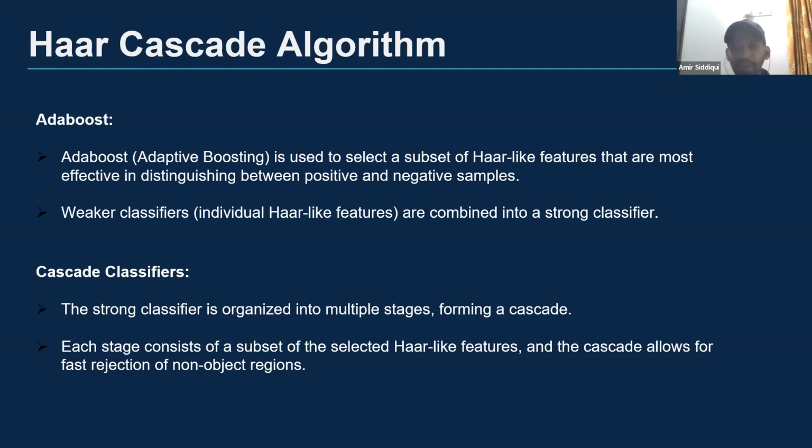As I've said, negative samples are images that are completely different, and positive samples are our actual image samples. Then in this algorithm we will have some weak classifiers. AdaBoost will combine all those weak classifiers and make them a strong classifier, and then do the prediction.